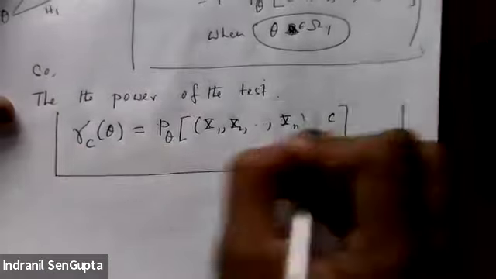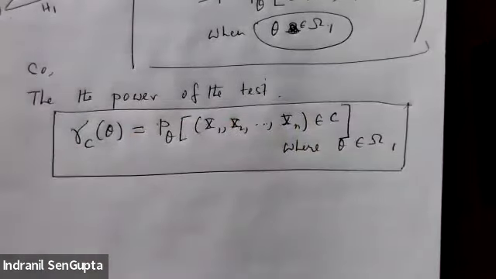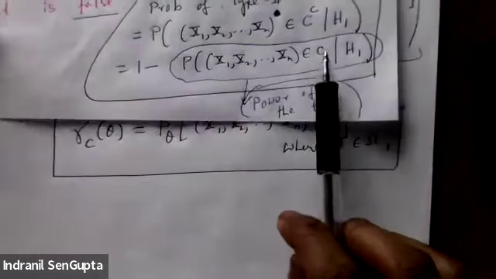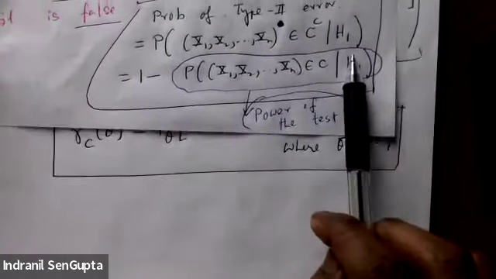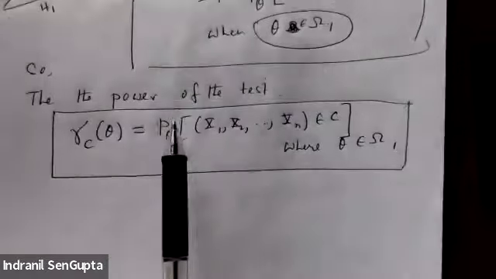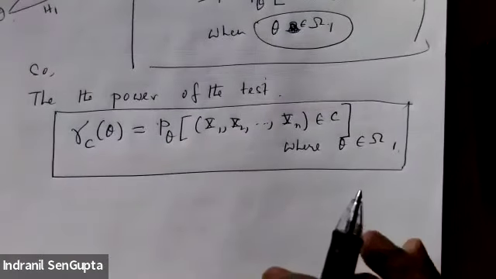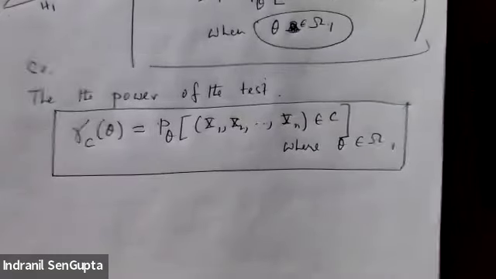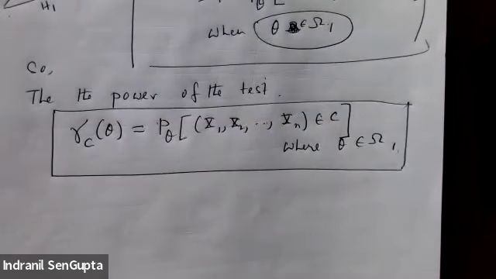That's a common notation for the power of the test. Essentially, I wrote the same thing as before. The only difference is here I wrote when H1 is true, and H1 is true really means theta is in omega 1. Okay? So that's another way of writing the power of the test. This is all. So we are done with the definition.